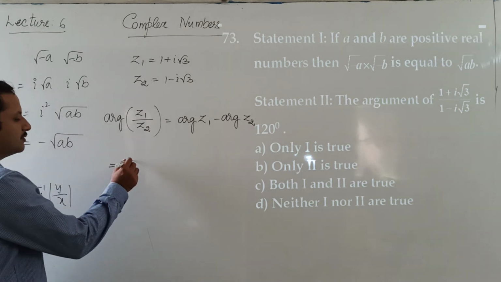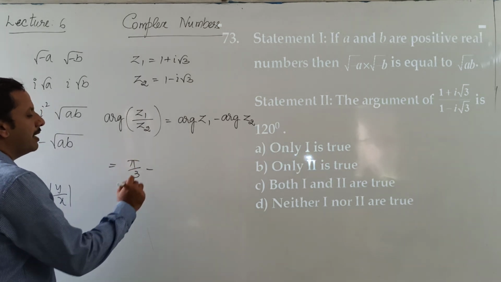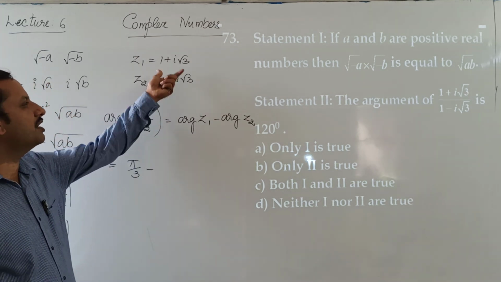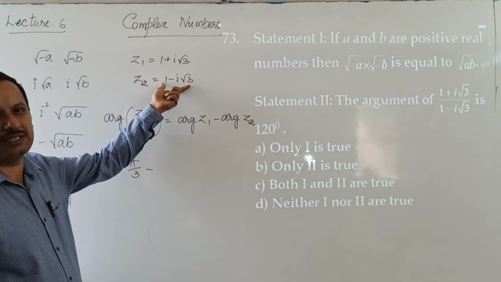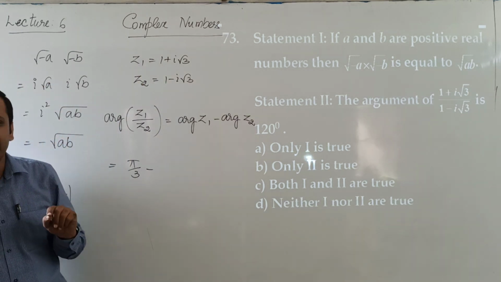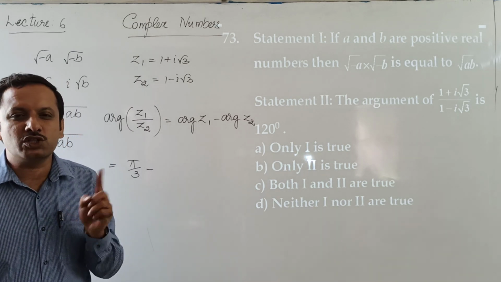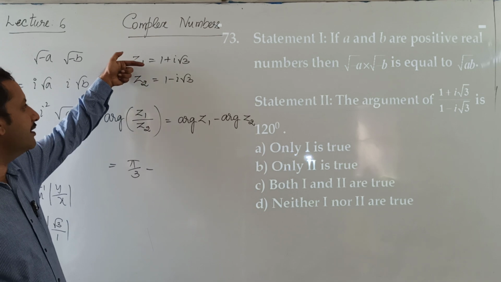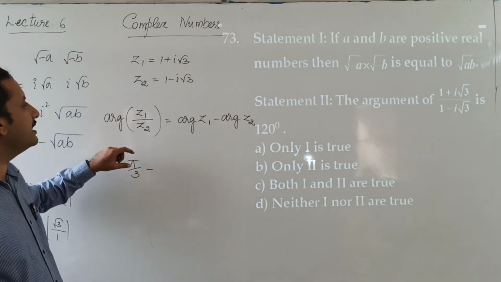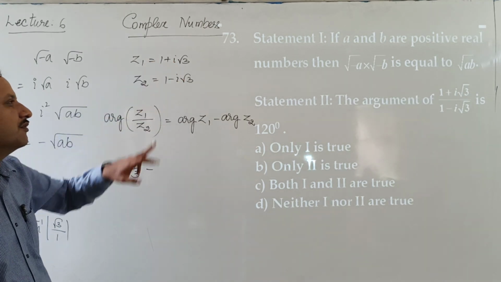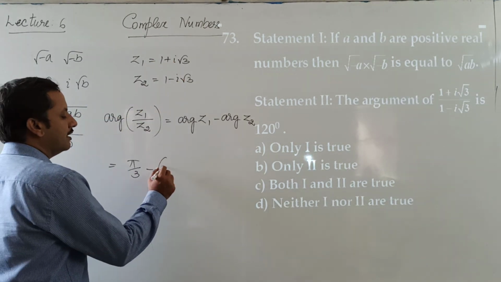So the argument of z1 is pi by 3 minus the argument of z2. Z2, you observe, is the conjugate of 1 plus i root 3. If theta is the amplitude of z, then the amplitude of its conjugate z bar will be minus theta. The amplitude of z1 is pi by 3, therefore the amplitude of z2, being the conjugate of this, will be minus pi by 3.